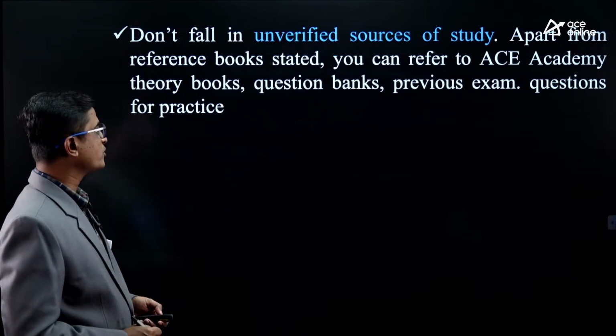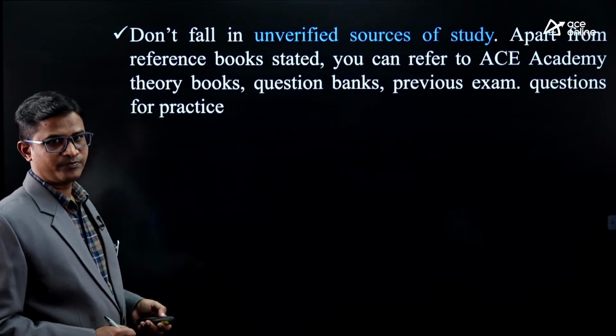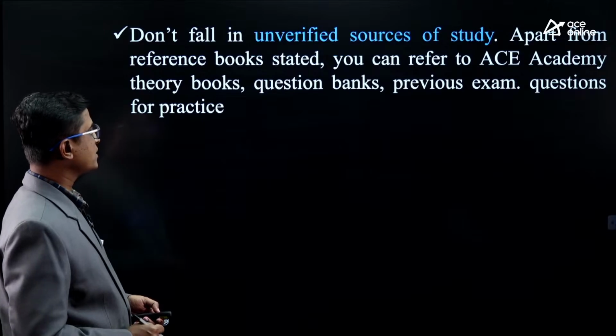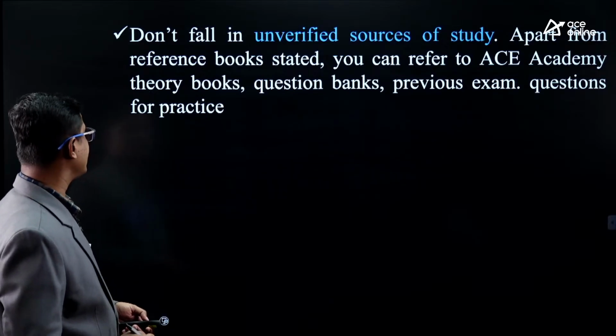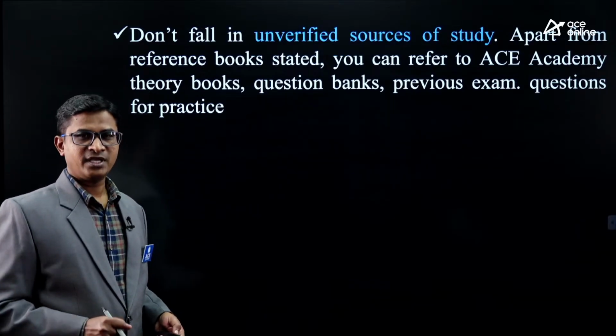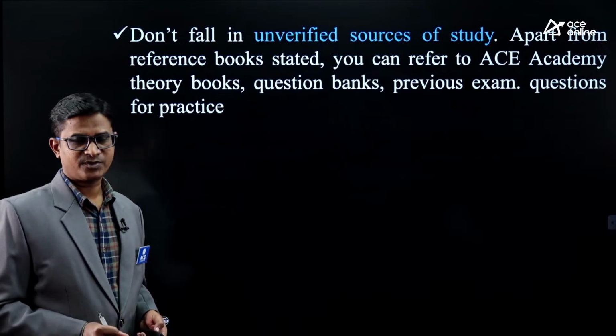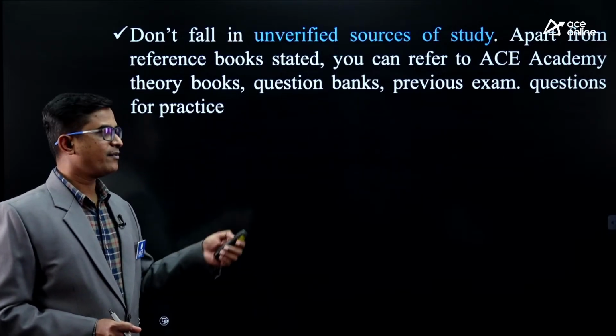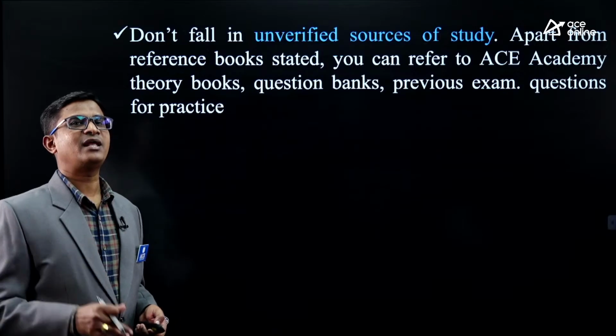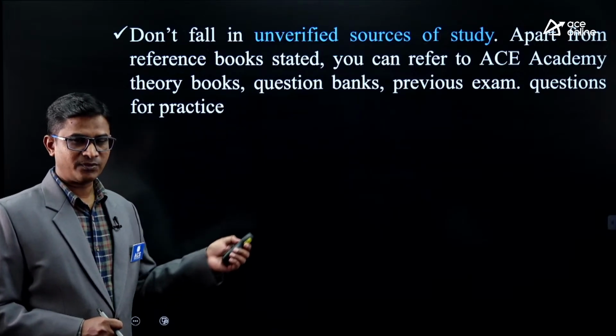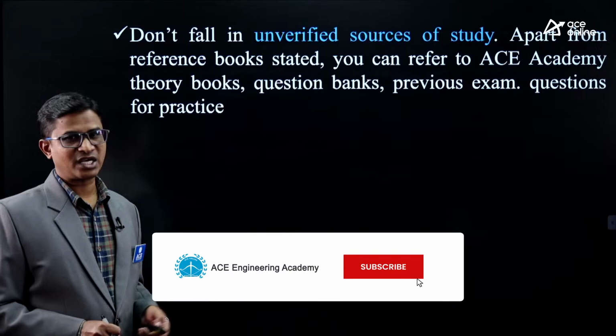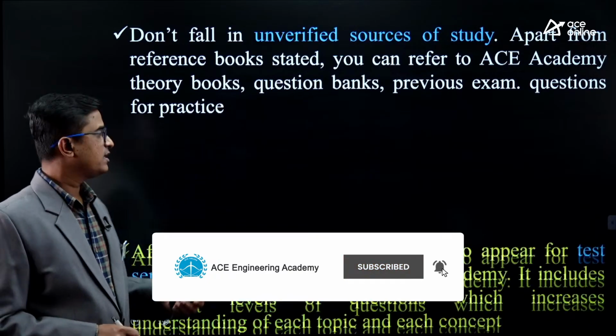Apart from the reference books stated, you can refer to ACE Academy theory books, question banks, and previous exam questions for practice. Any of the coaching institutes you can prefer. Here we have almost more than 99% accuracy in our booklets, so that's why I would like to recommend.